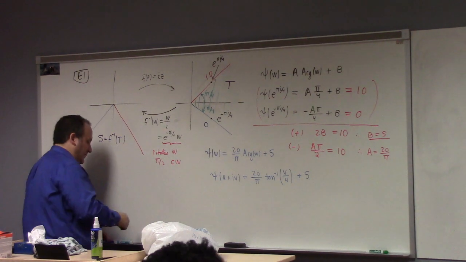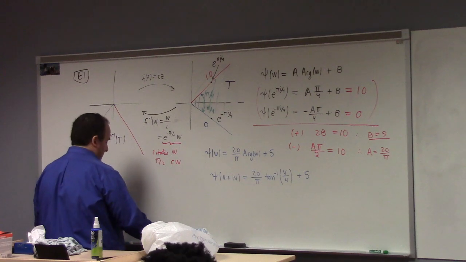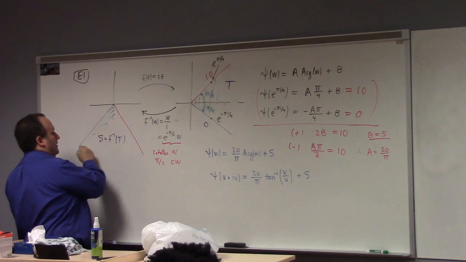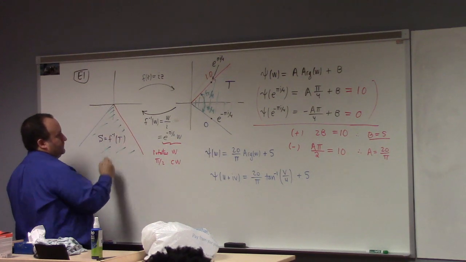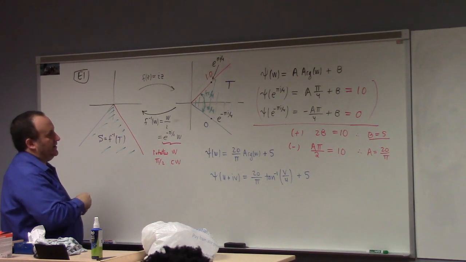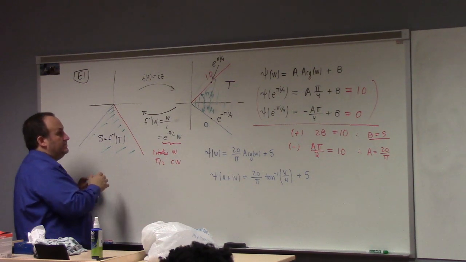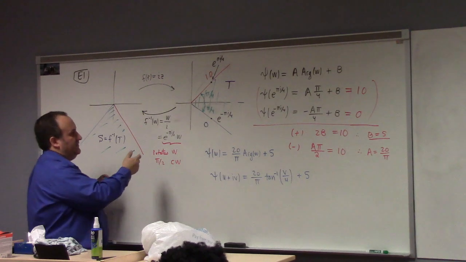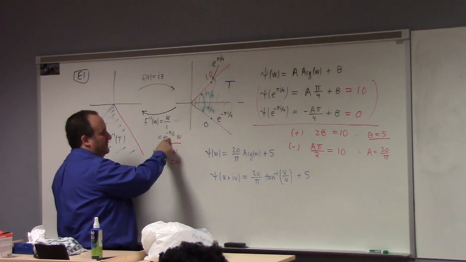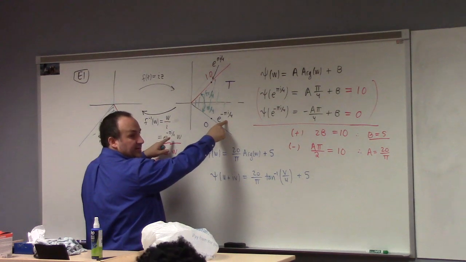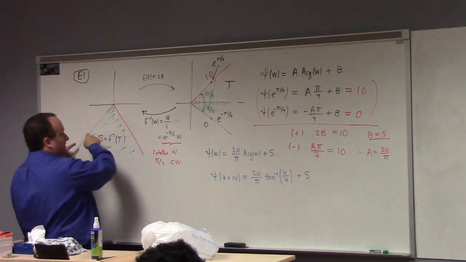Now we can double check my work here. Of course, if you multiply by e to the minus pi over 2, this takes you to minus 3 pi over 4, which is over here, right?